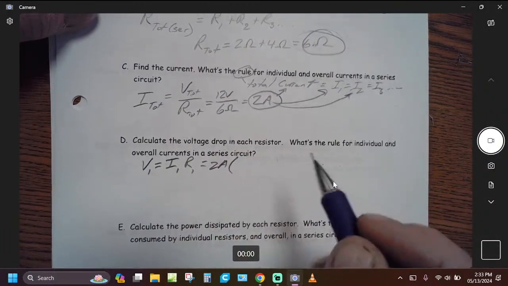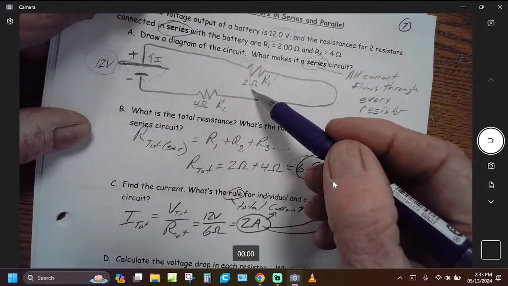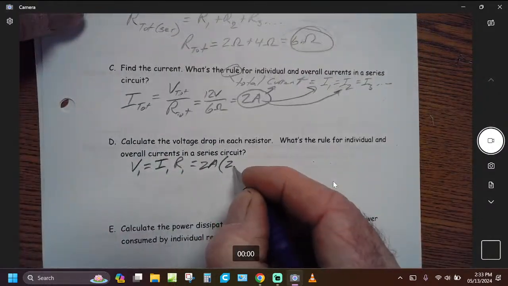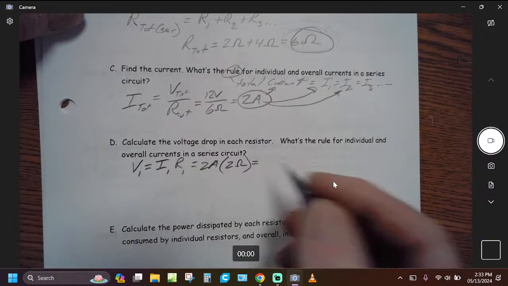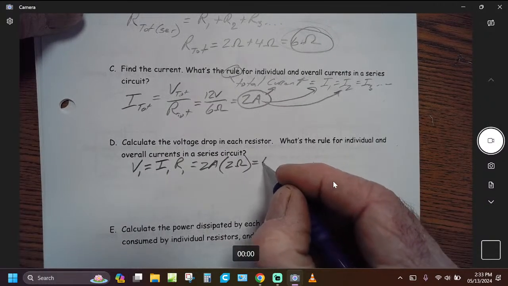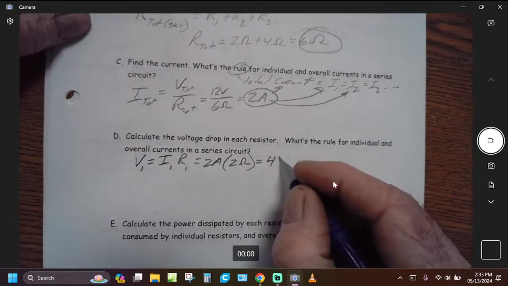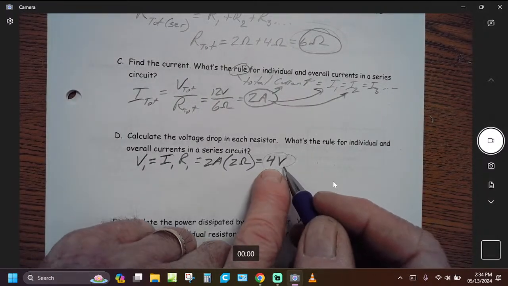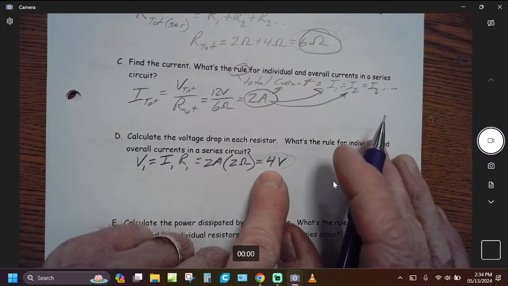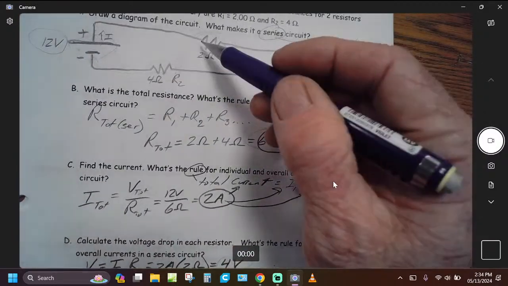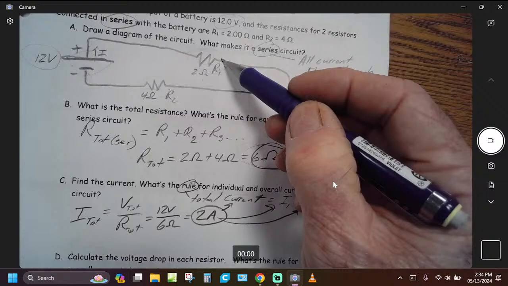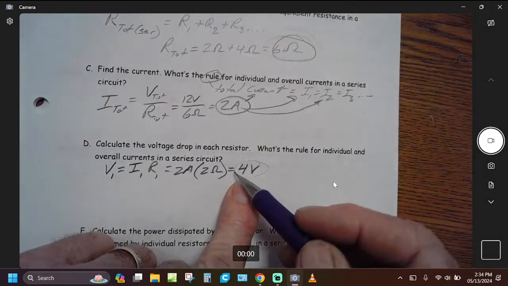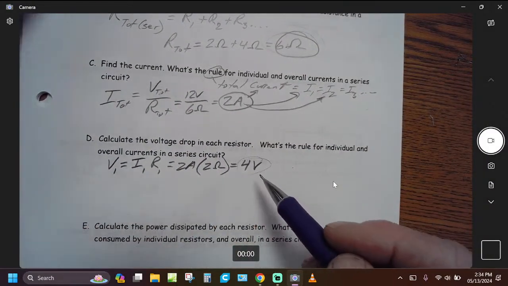And the resistance of resistor 1 is 2 ohms. So I get 4 somethings. What should the units be? Volts. So 4 volts of potential energy difference between a charge here and the charge that's passed by. It's lost some joules per coulomb.